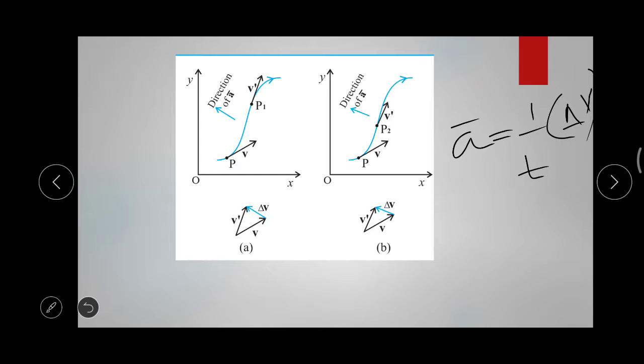So here, for the first one, we are taking a little bit more time interval, so the displacement happening is also large. The direction of the first velocity is almost like this, and the second one is like this, v and v dash.